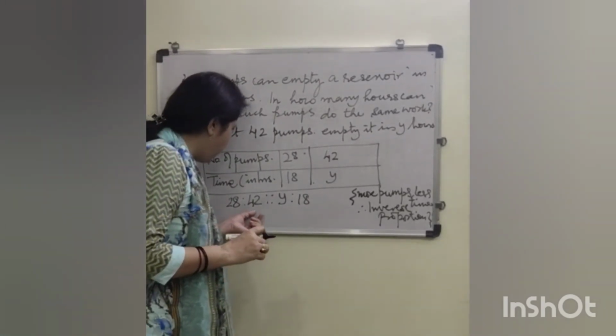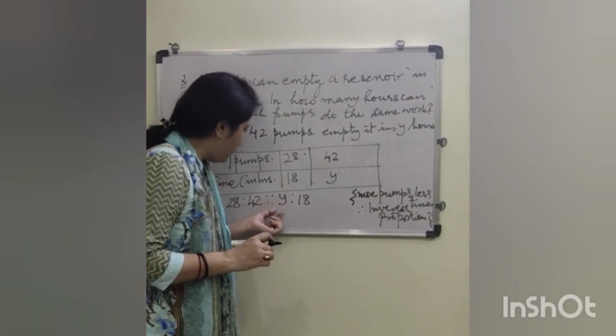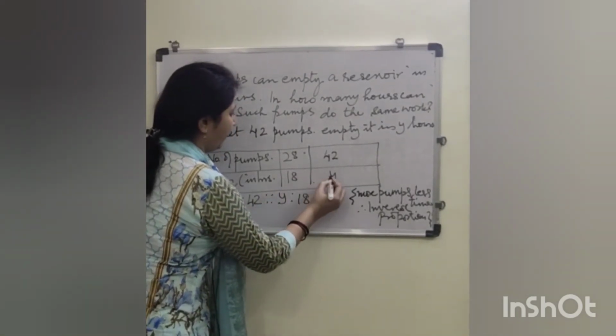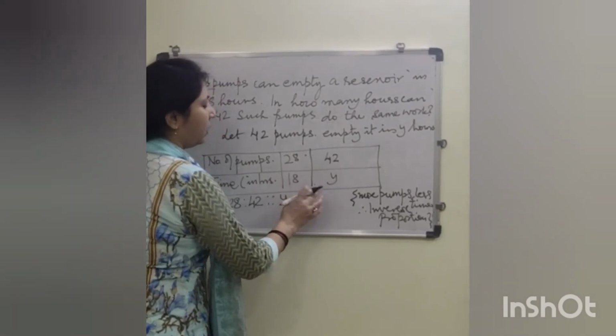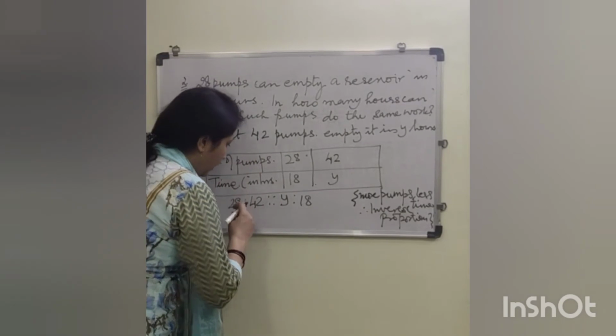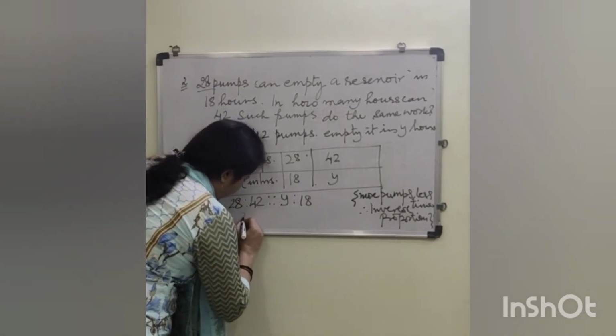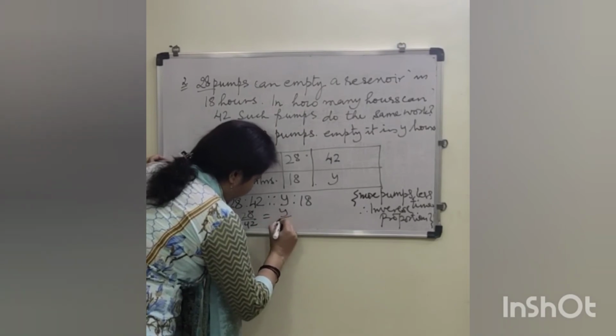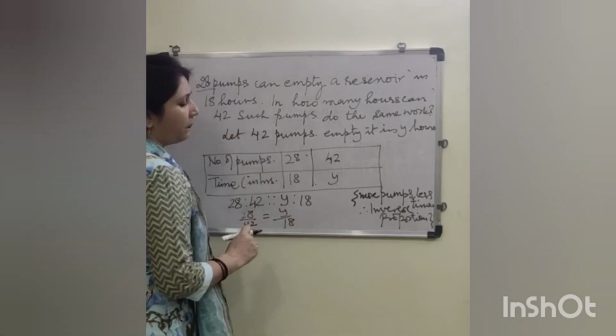This one we have inverted to show the concept of inverse proportion. Now use the same: 28 over 42 is equal to Y over 18.